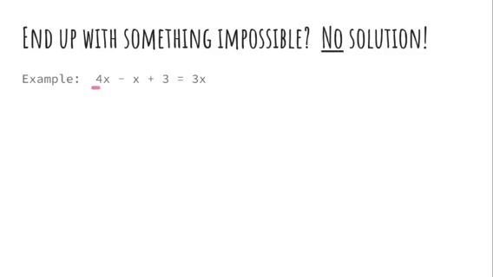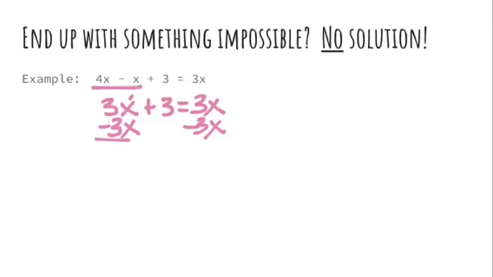Let's see. Combine your like terms, bring down the plus 3, and say that equals 3x. I see I have x's on both sides, so I want to get rid of this. And I'm going to subtract 3x from both sides. That cancels. I'm left with 3 equals 0.